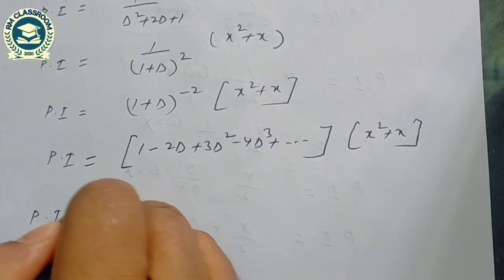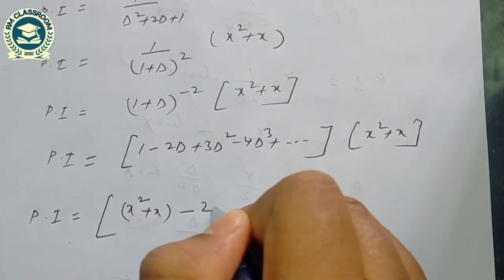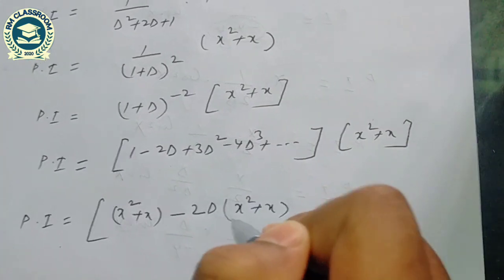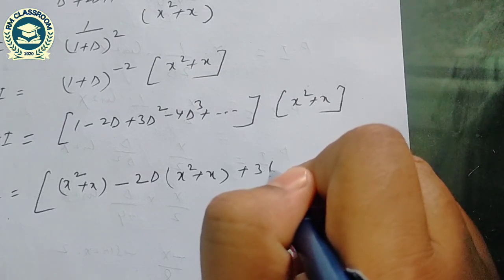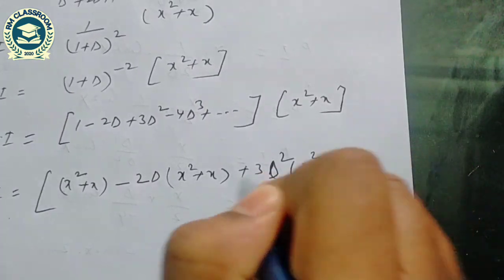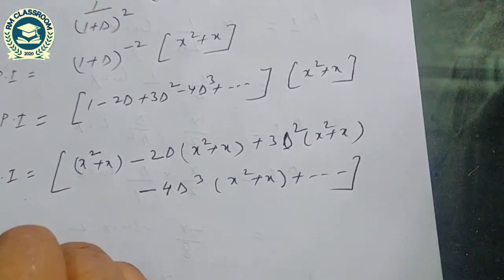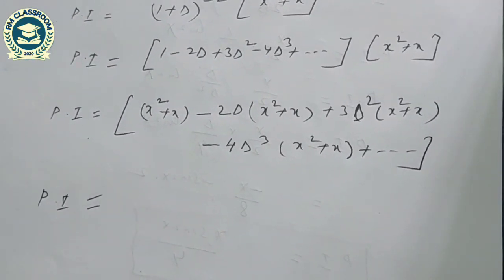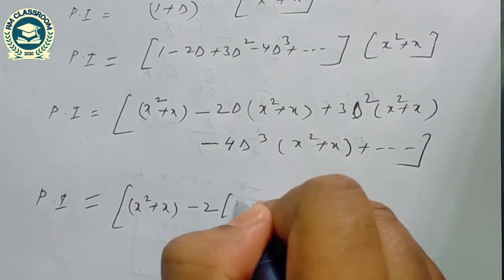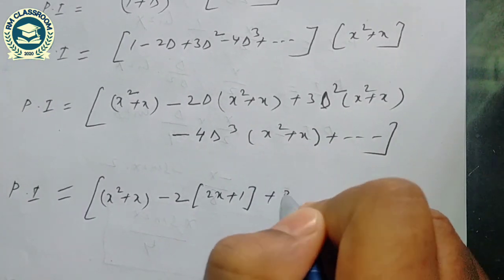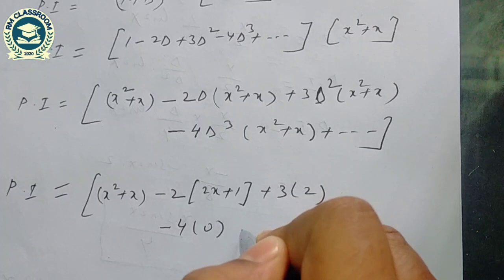So the particular integral is equal to x square plus x, minus 2D into x square plus x, plus 3D square into x square plus x, minus 4D cube into x square plus x, plus so on and so forth. So the particular integral is equal to x square plus x minus 2, the derivative of x square is 2x plus 1, similarly plus 3, the second derivative is 3 into 2, minus 4 into 0 plus so on and so forth.